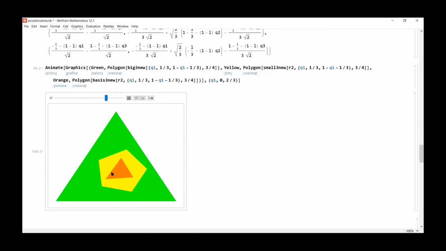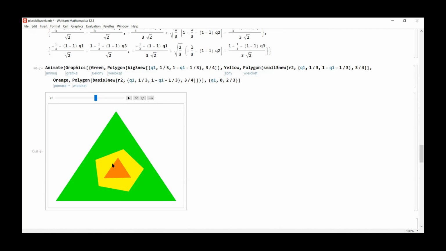But the yellow pentagon, can it also rotate a bit? Or it's only a shift of the pentagon? If I remember correctly, not with this. Well, no, in this case it also moves around.